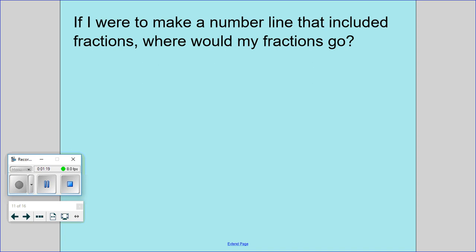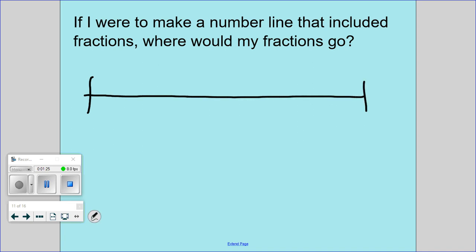Let's pretend, you don't have to write this, let's pretend my number line looks like this. 0, how about to 5? So we got 1, 2, 3, 4, 5. Where would my fractions go?